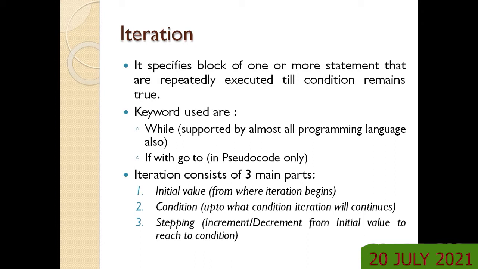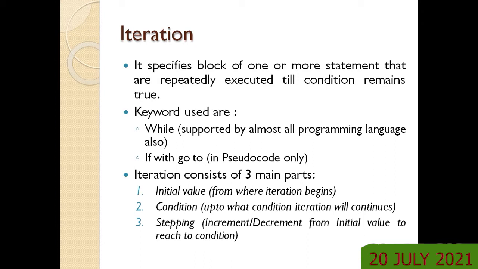When you are taking the first round, my counter will be 1. When you complete 1, my counter becomes 2. When you complete the second round, my counter becomes 3. Like that, the repetition continues until my counter becomes 10. Because I have told you 10 times, while my counter is 10, you are still running. The moment the counter becomes 11, you stop running because the condition fails.